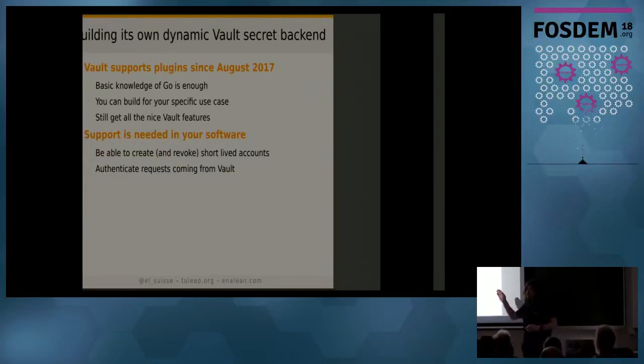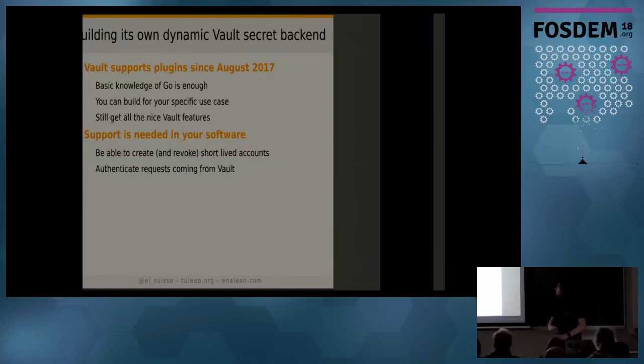So it allows you to create a backend specific to your application. In our case, we just want to create a new user in our application for a short time. And even when you do that, you also get all the nice Vault features with it. So you still have the audit capabilities, the access control, and whatever Vault comes with.